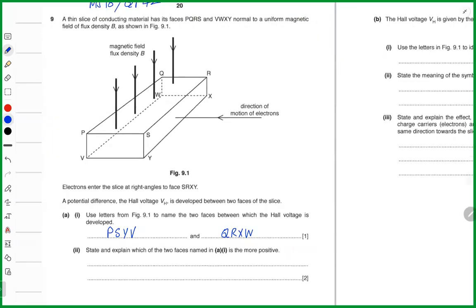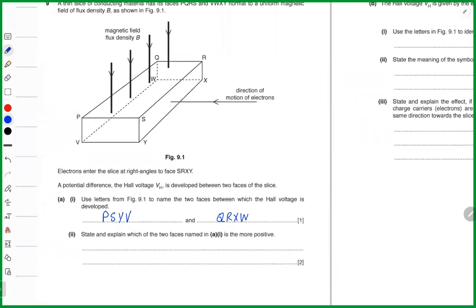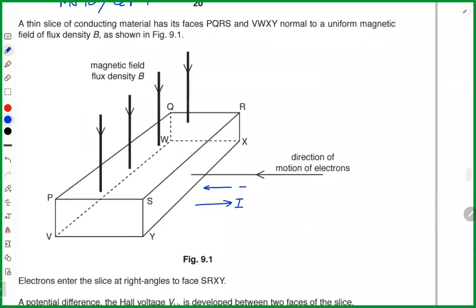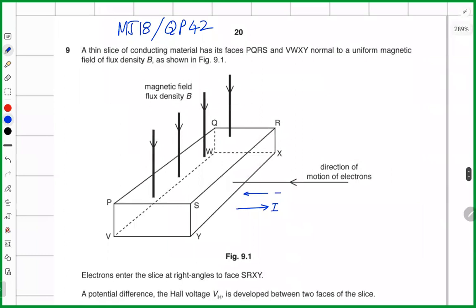State and explain which of the two faces named is more positive. Now, if electrons are going this way, it means the direction of current is taken to be towards right. Now, with your palm facing, if it is electron, you can simply use your right hand palm.